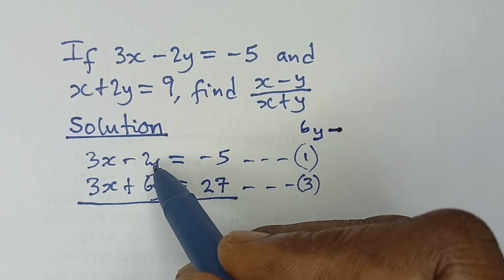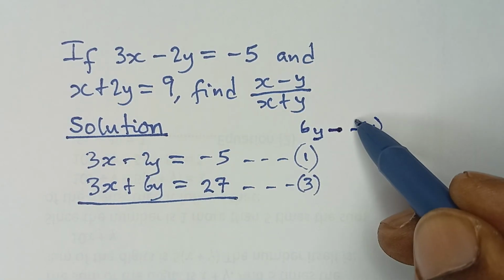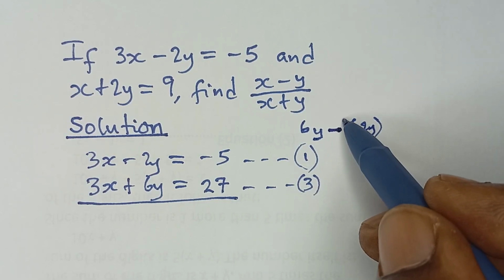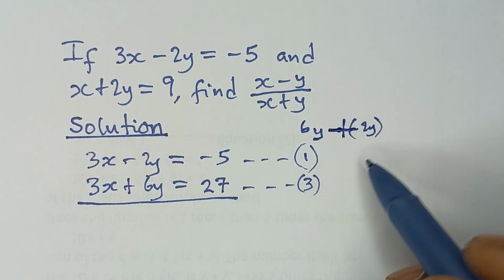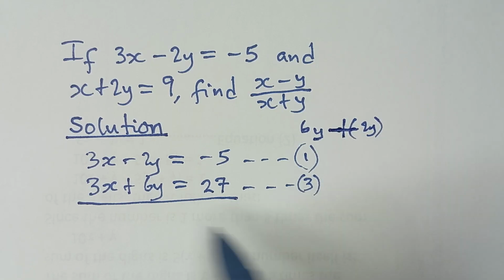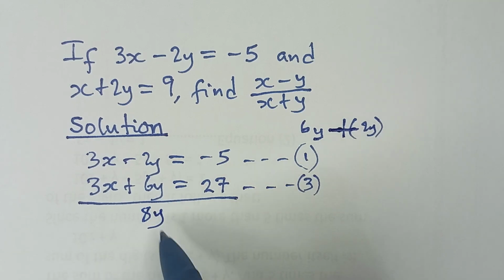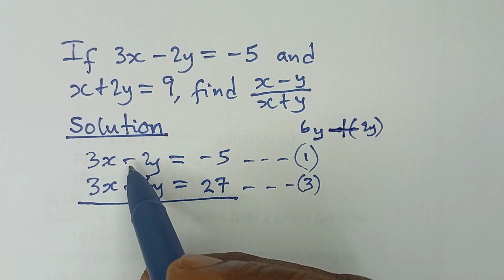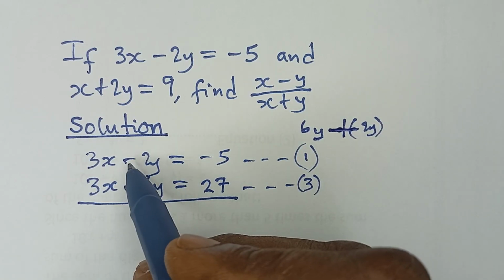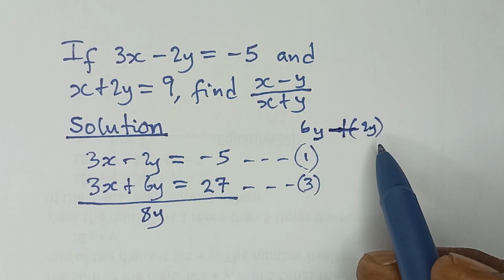The value I have here is -2y. So minus -2y. So this negative becomes positive. So I now have 6y plus 2y. And so that will give me 8y. So don't forget how this is done because of this negative sign. So I'm saying 6y minus -2y, and that's what gave me 8y as I've shown here.